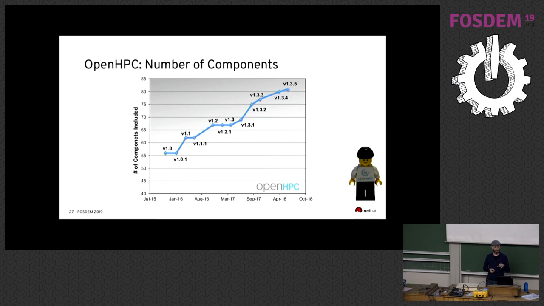And now I have a few diagrams about its usage. So this is the number of components over time. So you see it's not a really big number, but it has some components. It's slowly growing, so we're adding new things slowly to the project, which people are asking for, which people are submitting to the project and trying to get included.